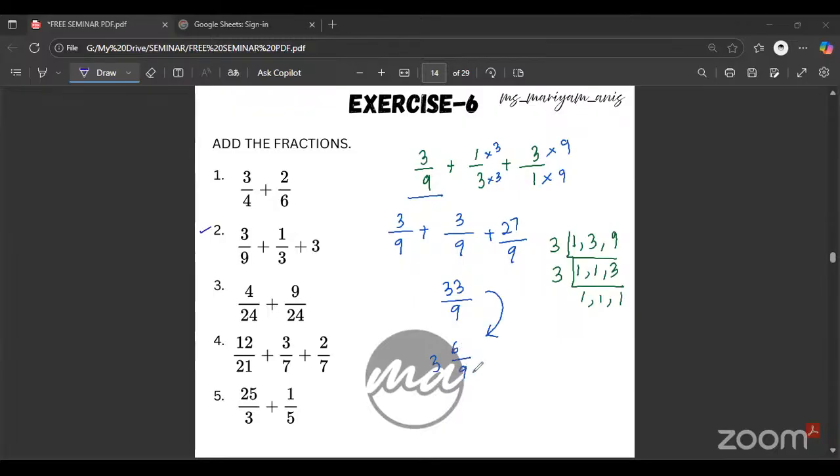Is it clear? Yes, teacher. All of you? No doubts? No, Miss. Then copy down the second question and do the first one.